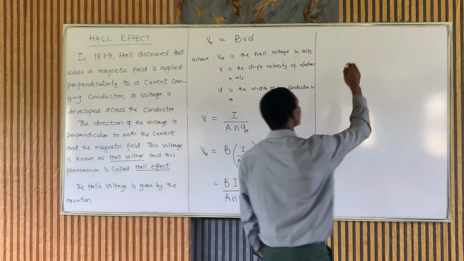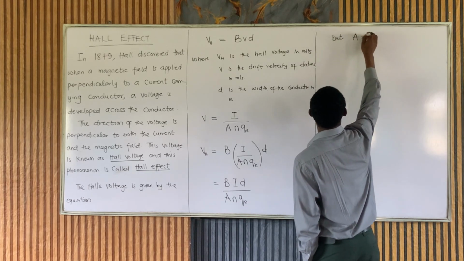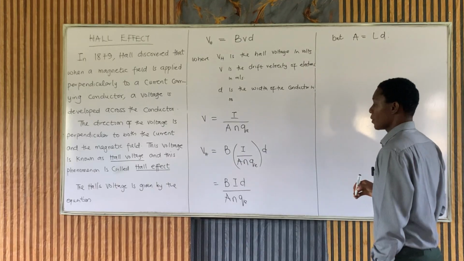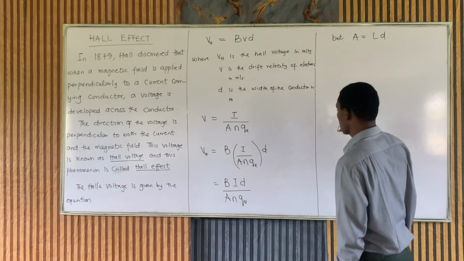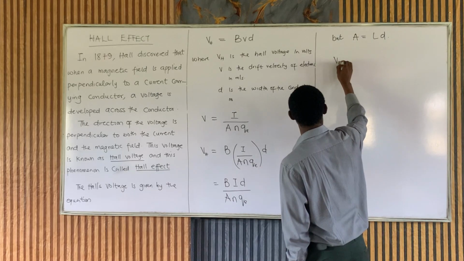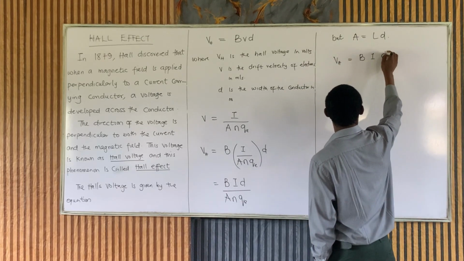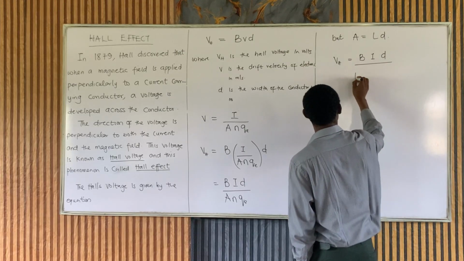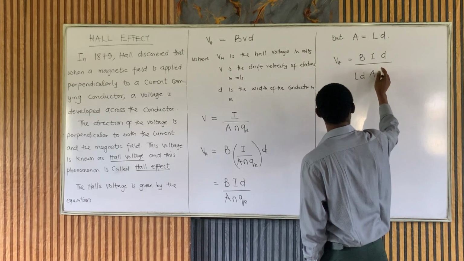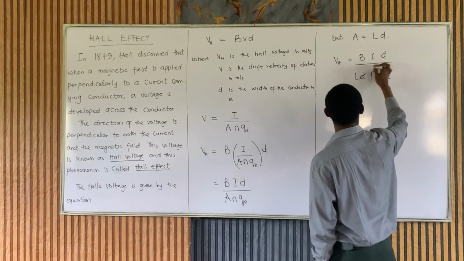But, you see, area is the length times the width. If we do that, the Hall voltage will then be B, I, D over length times width, times number of charge carriers times E. This will eliminate this.